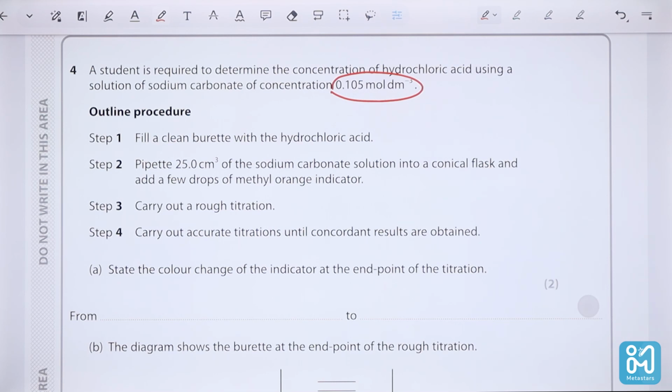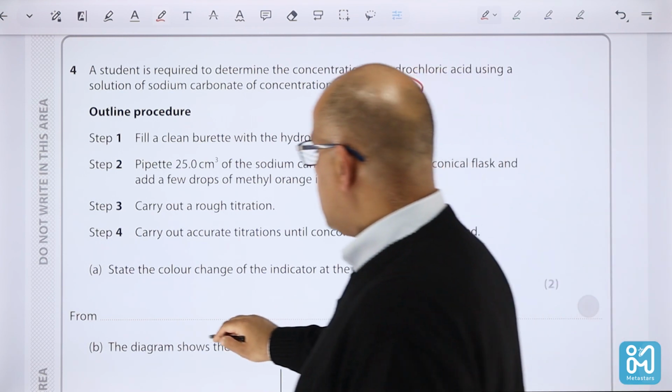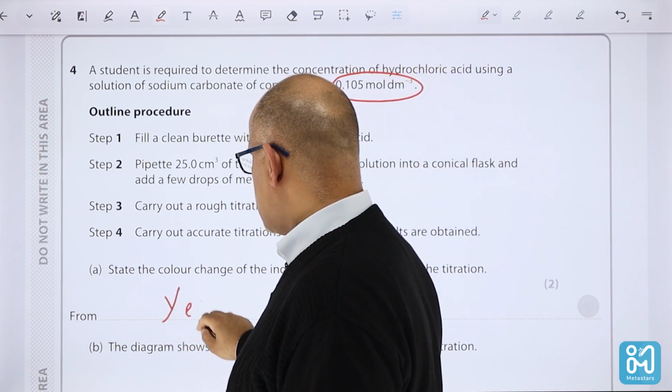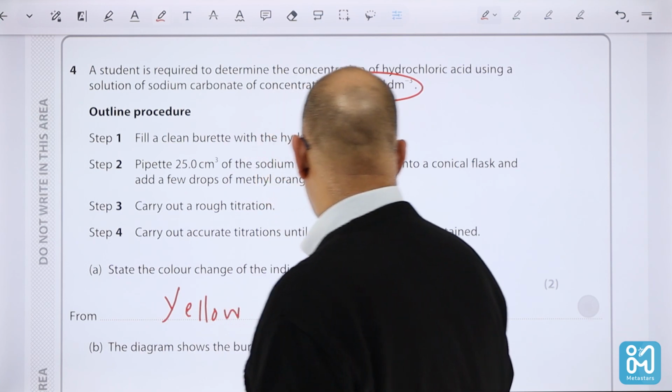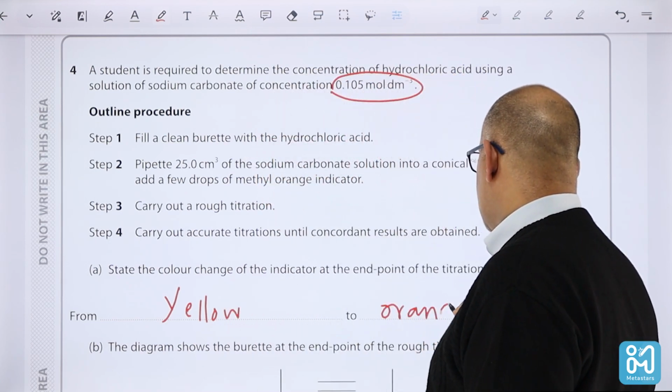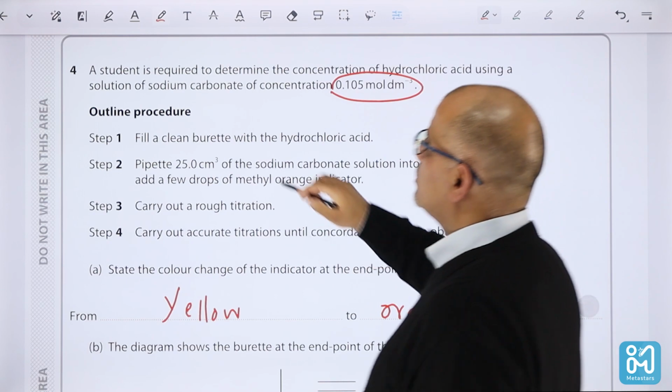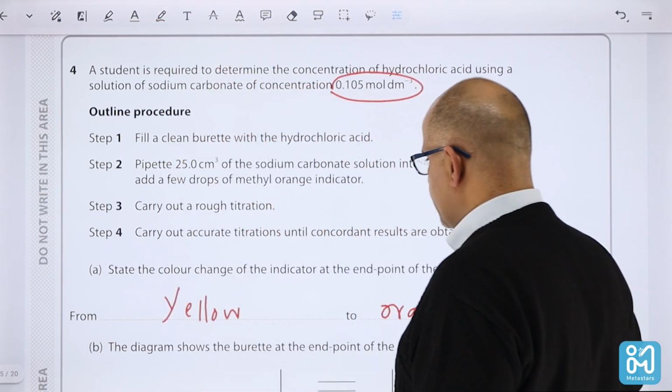and state the color change at the end point of the titration. Since the methyl orange is used there, the color change will be from yellow to orange, and it is not pink or red.